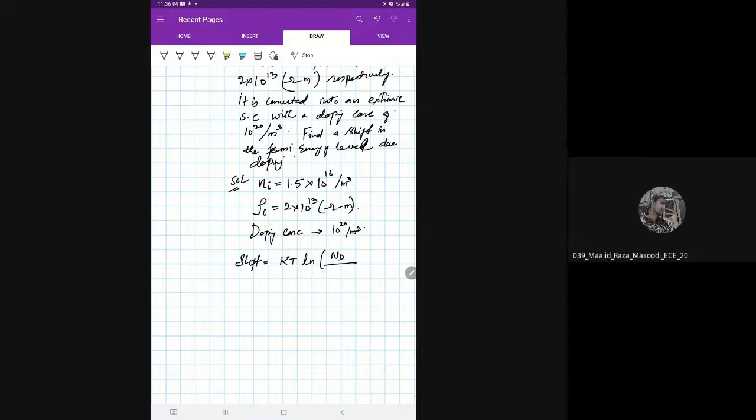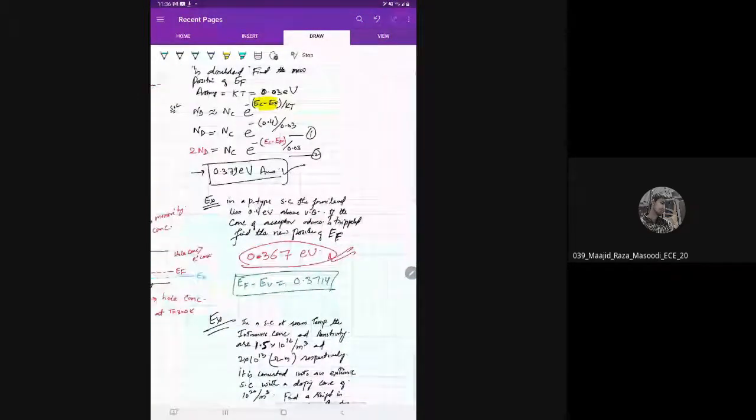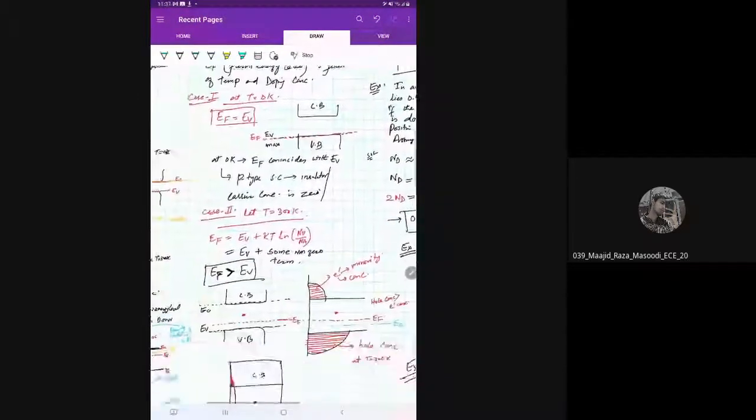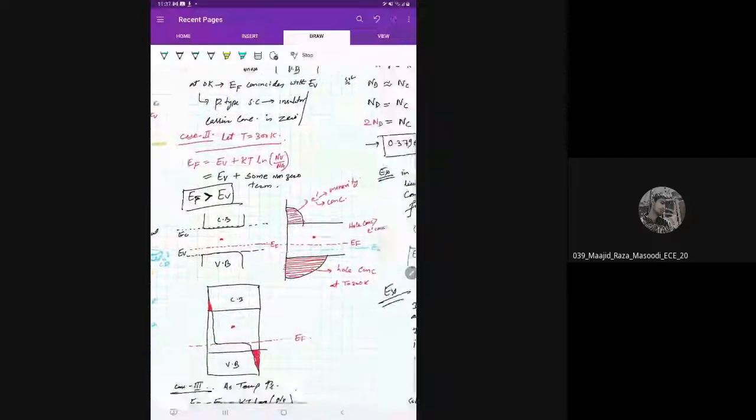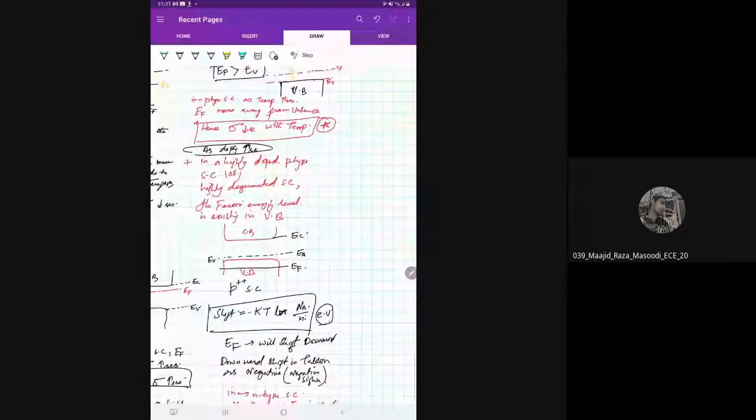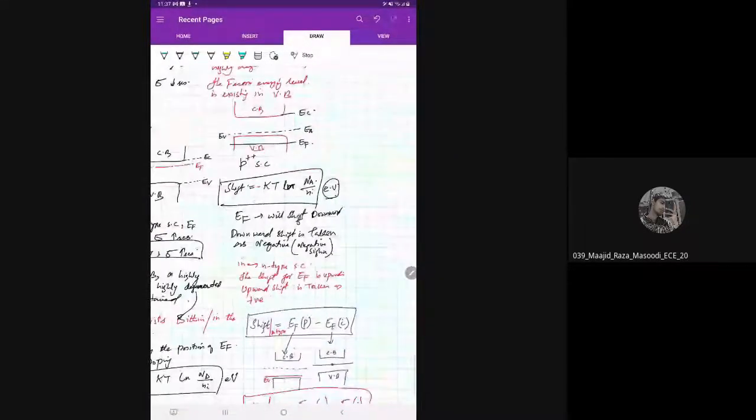Nd by Nc, it was basically Nd by Nc, so Nc is equal to ni. It is ni, not square. Yes, it is ni. Okay, please calculate.